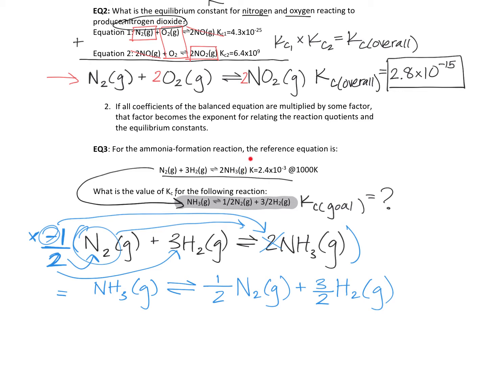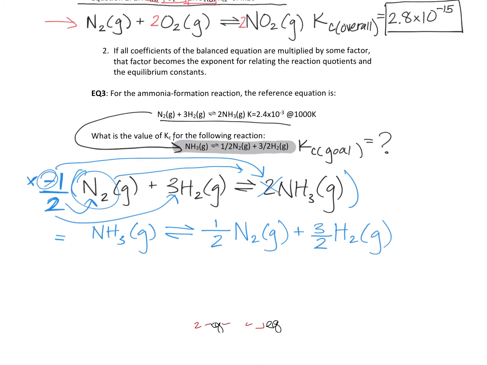What that is saying is that I'm going to take this reference equation K and raise it to the power of -1/2. Let's do it. So K to the -1/2 is going to equal Kc of my goal. So that's 2.4 times 10 to the -3, to the -1/2.